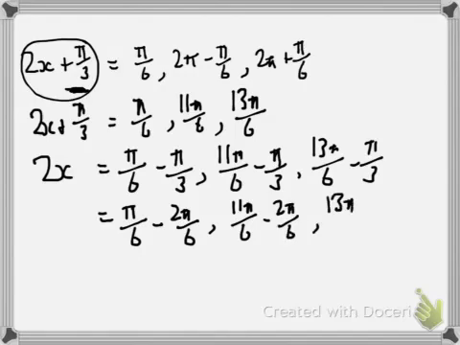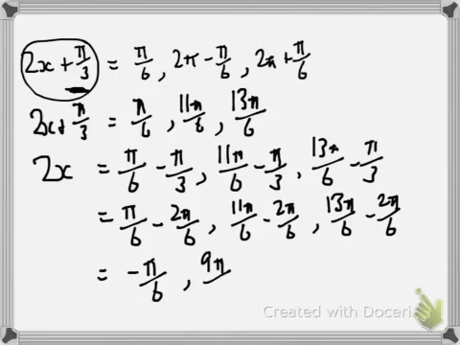You can do this in your head if you wish, just doing it the longer way for those that need a bit of help with their fractions. So 2x equals, it's going to be negative pi on 6, 9 pi on 6, 11 pi on 6, and copy those over to the next slide.